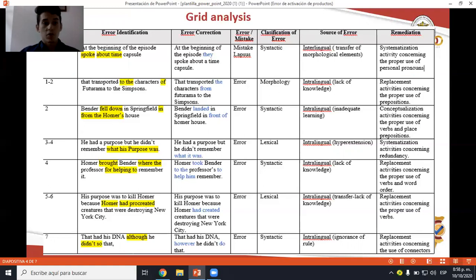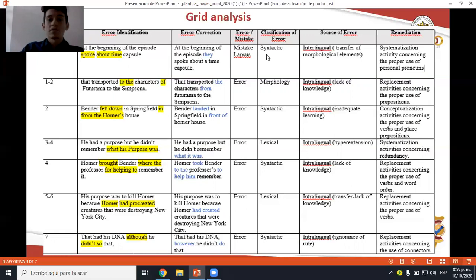For example, in the first one, the learner or the student tried to write in a specific way, but they made a mistake: they didn't put the personal pronoun "they", and without that it doesn't make sense as a whole.